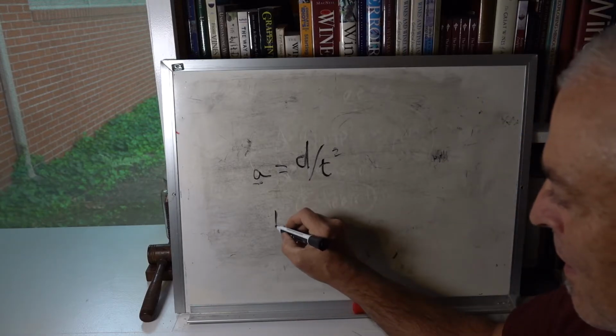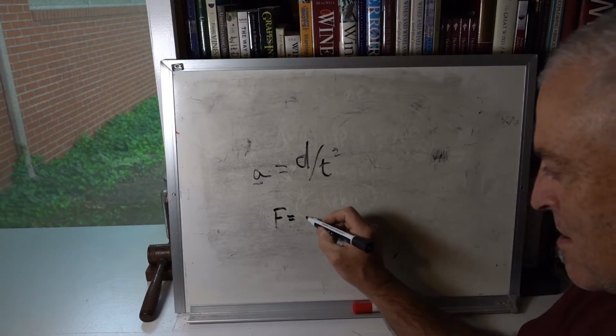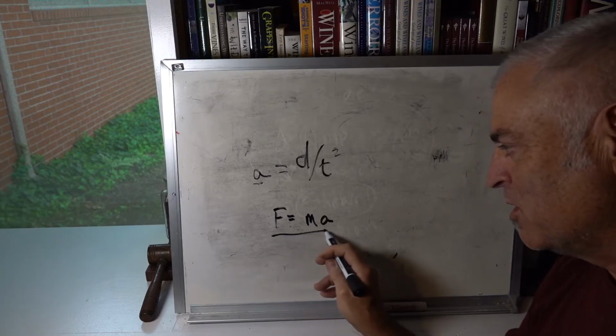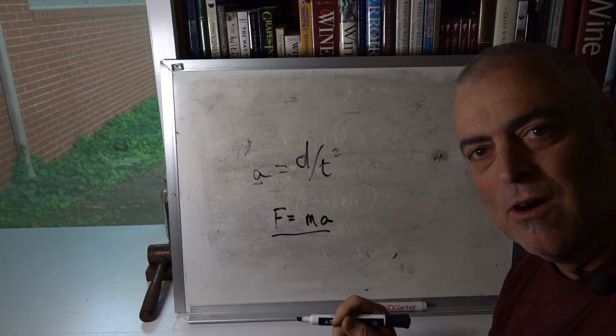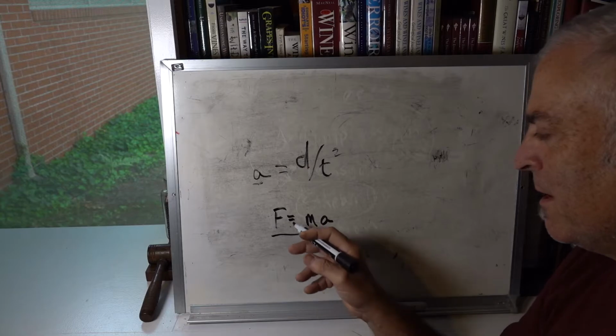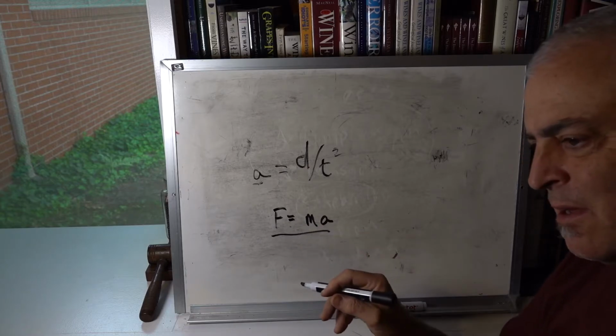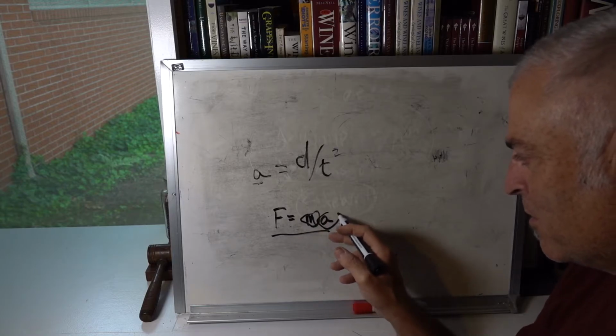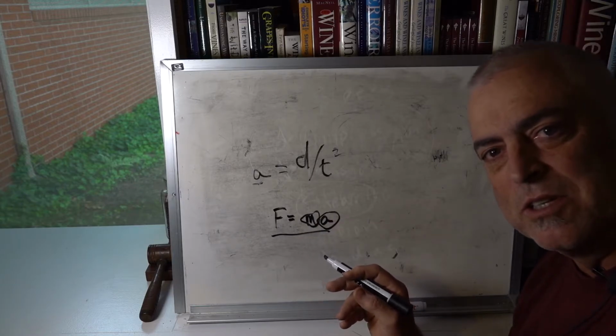So one of those fundamental concepts is that force is equal to mass times acceleration. It was actually Newton who came up with this law. With force equal to mass times acceleration, the mass is going to be your automobile, and you're going to be going 70 all the way down to 0 again.